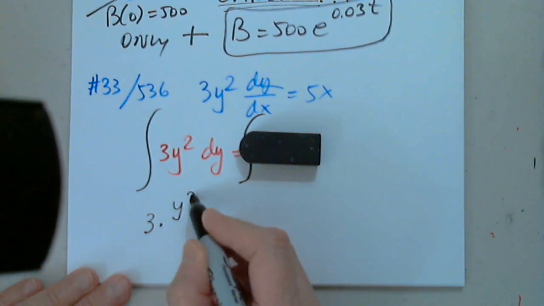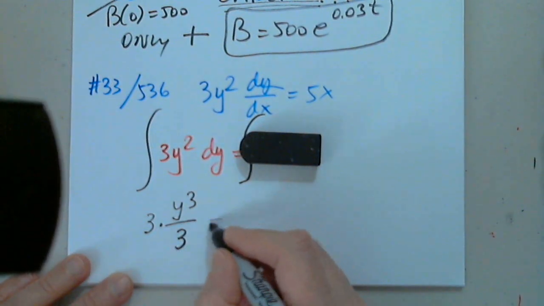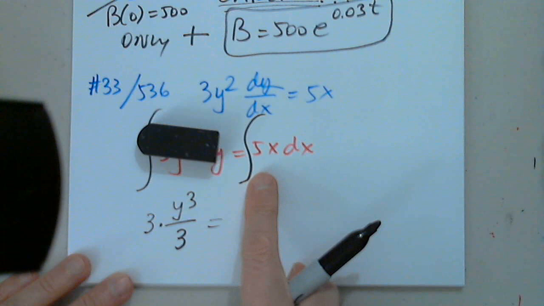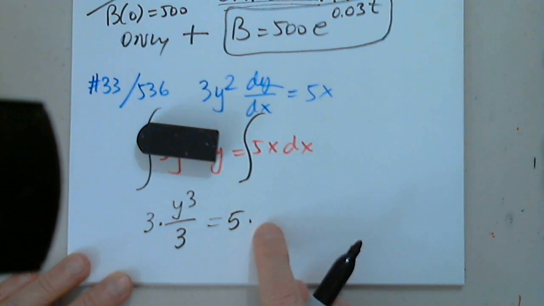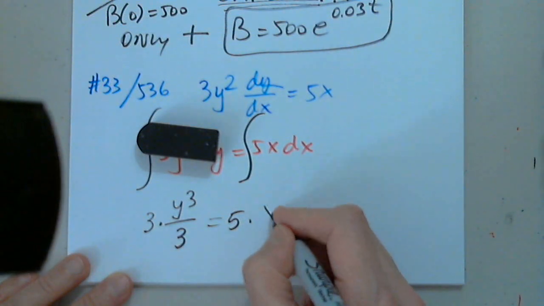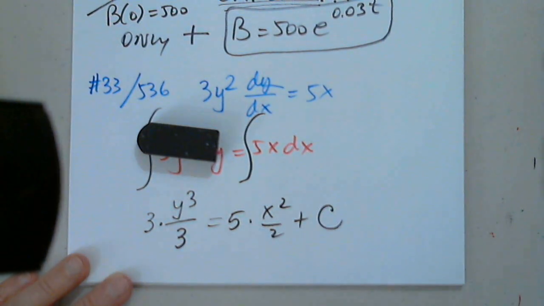Y cubed over 3. Very good. Equals x squared over 2. Awesome. Plus a constant c. Great job.